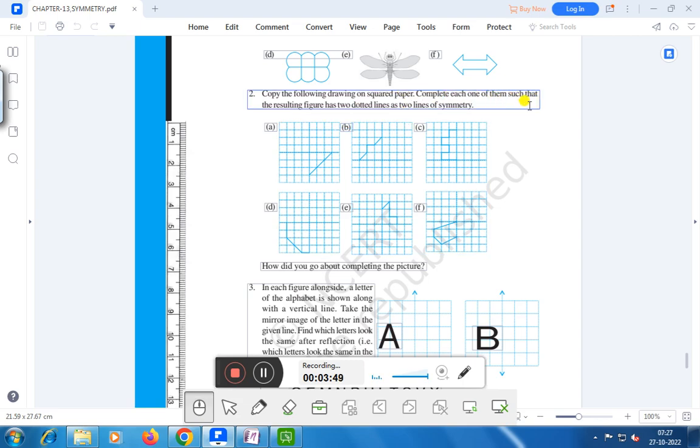Complete each one of them such that the resulting figure has two dotted lines as 2 lines of symmetry. Two dotted lines of symmetry, right?